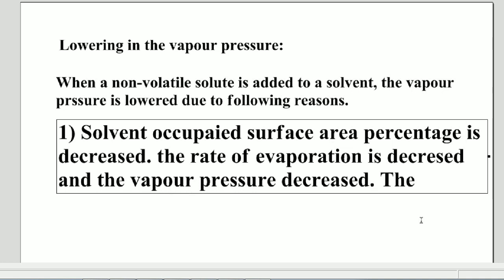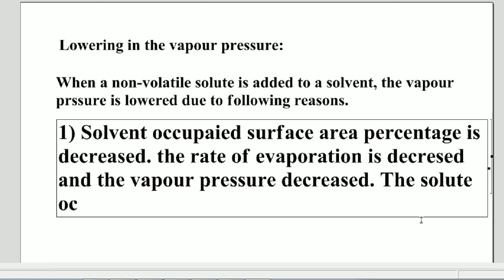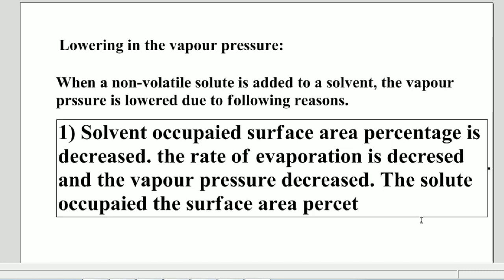This is because the solute molecules occupy the surface area percentage. Therefore, the number of solvent molecules present at the surface of the solution is decreased. Ultimately, the rate of evaporation is decreased, so vapor pressure is decreased.